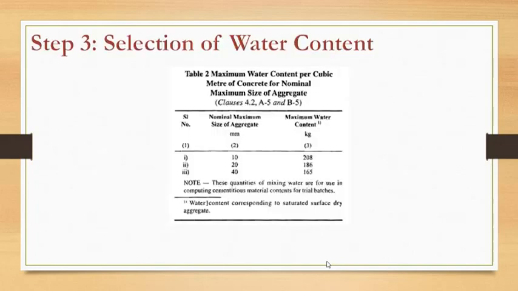So first let us see what we will get the water content. Amar ki diya ase, amar size of aggregate diya ase amar 40 mm. So for 40 mm size aggregate, our maximum water content is 165 kg. So let us write that down.